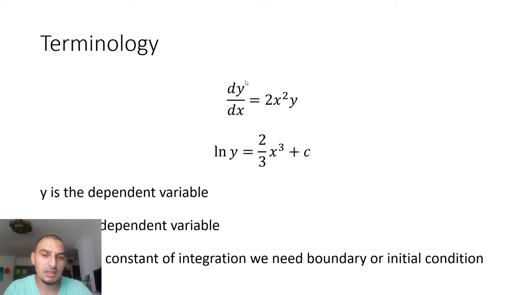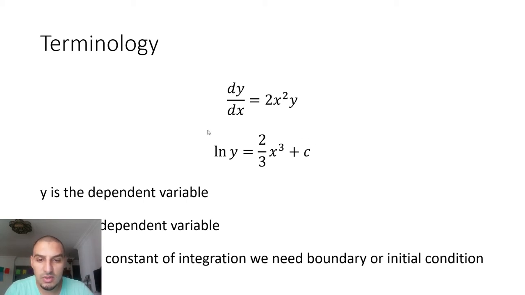So it can be concentration with time or with space, whatever. So this is the independent variable. It changes independently. It doesn't matter what the value of y is. And y is dependent on x. So as the value of x changes, the value of y changes accordingly. That's why we call this the dependent variable, and this is the independent variable.